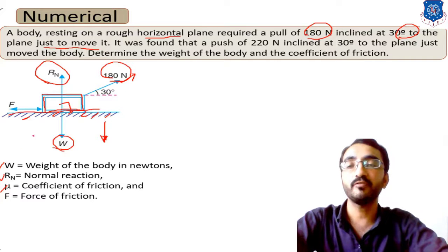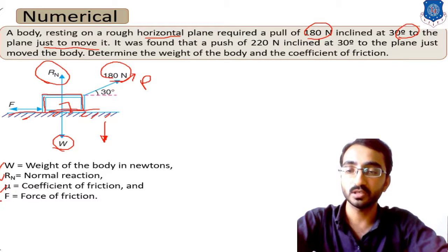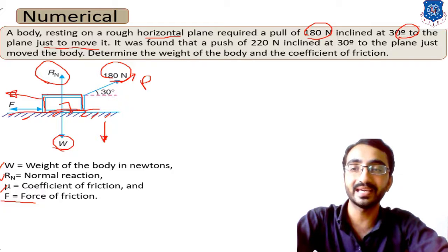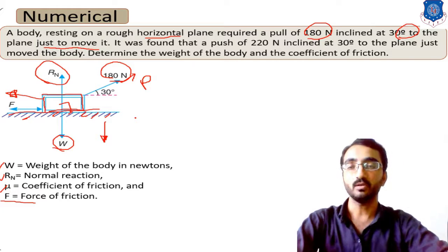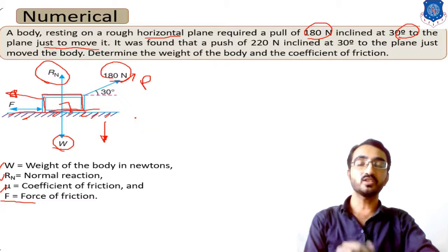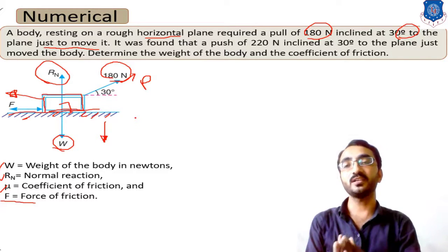And the fourth fundamental: due to this external force P, some frictional force is existing on this body, and this developed frictional force will be opposite to the motion, or we can say in the negative horizontal direction.